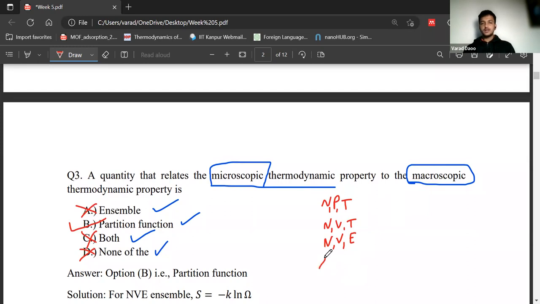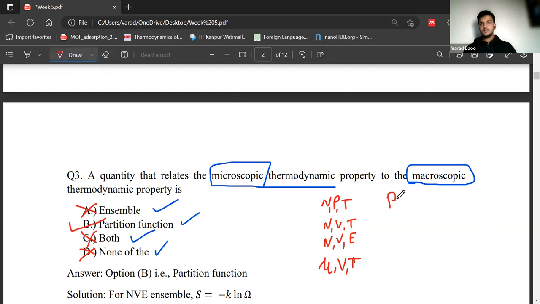And then the last is MUVT. This is the grand canonical ensemble, with chemical potential, volume, and temperature constant. Right? These are the various ensembles. So in all these ensembles, the partition function will be different. There is something called a bridge equation in each and every ensemble.